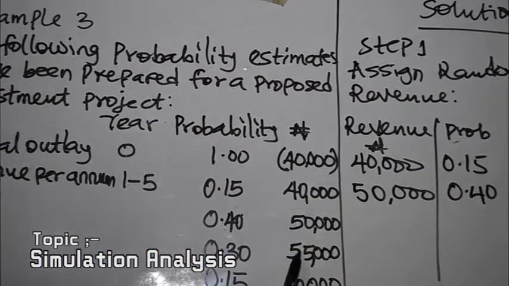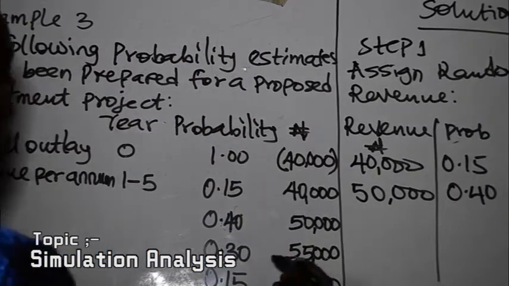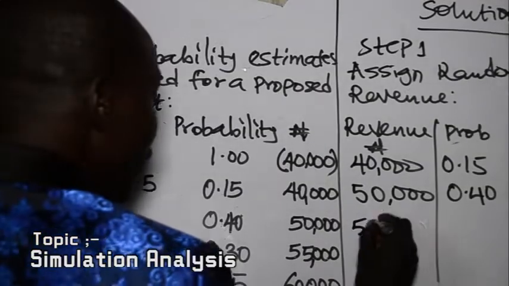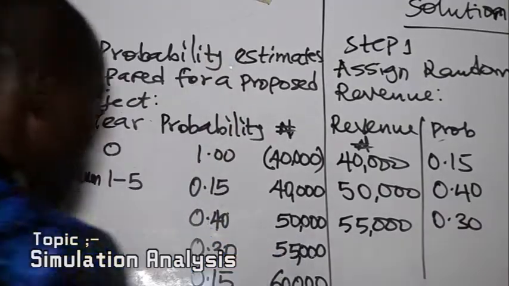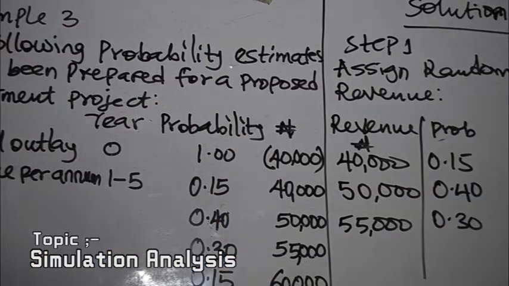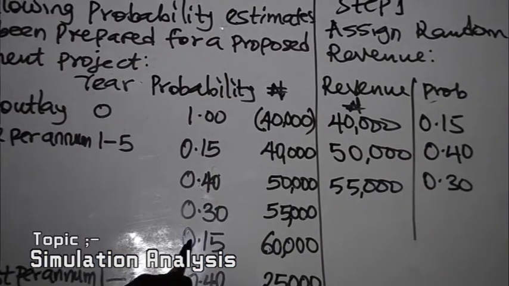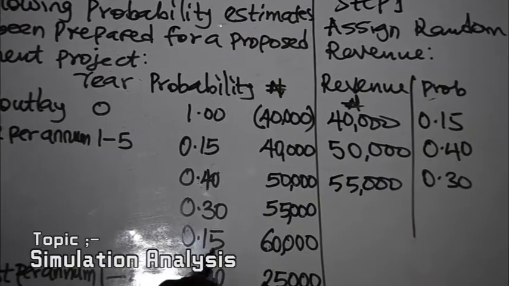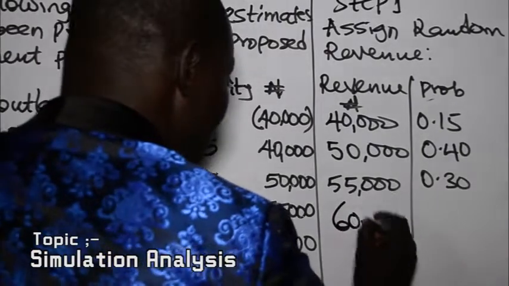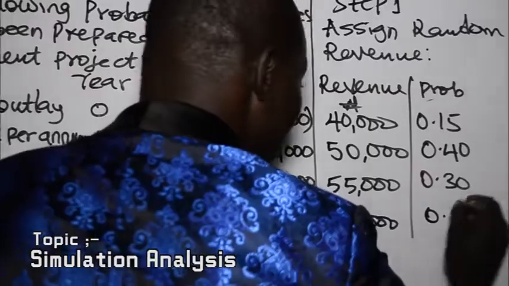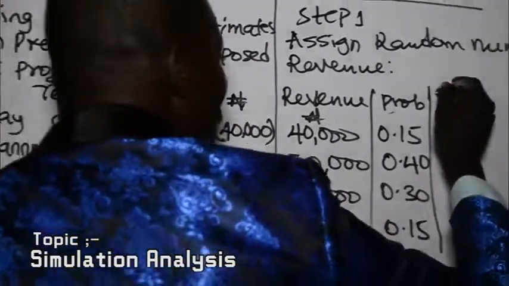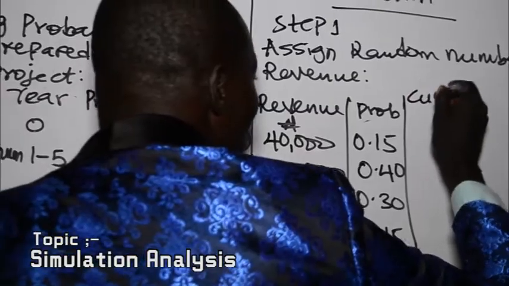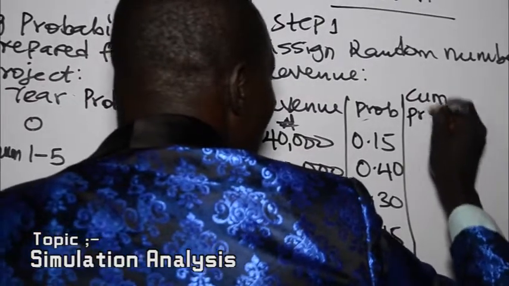We as well have revenue of 55,000 with the probability of 0.30. And finally, we have revenue of 60,000 with its associated probability of 0.15. The next step is to calculate the cumulative probability.